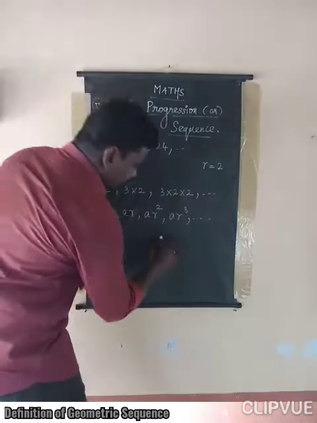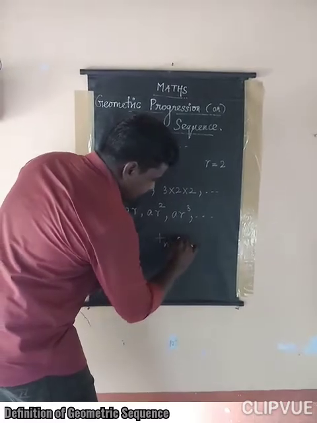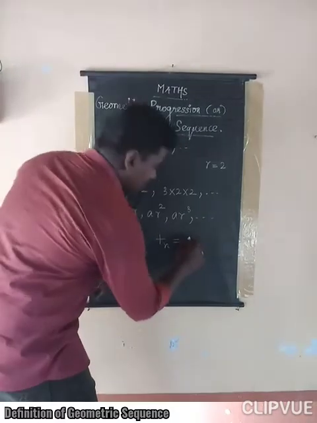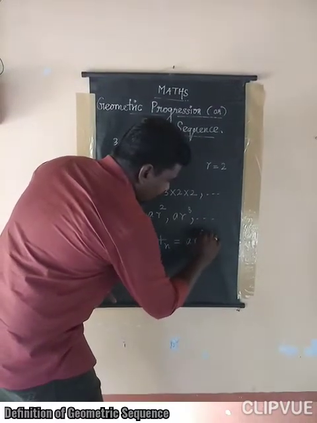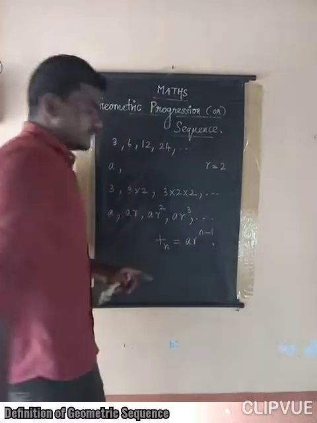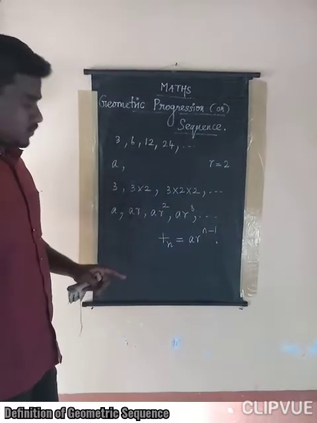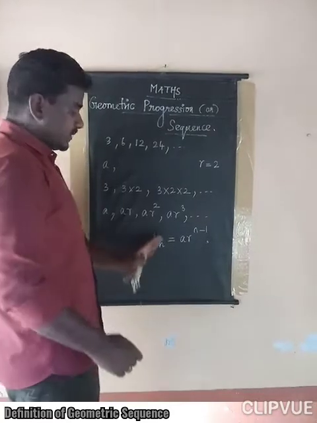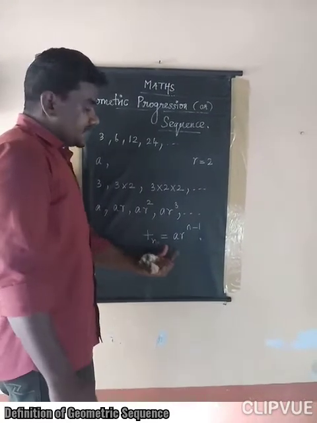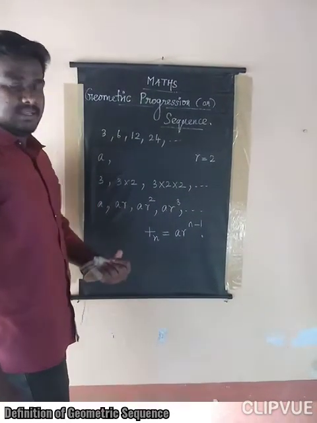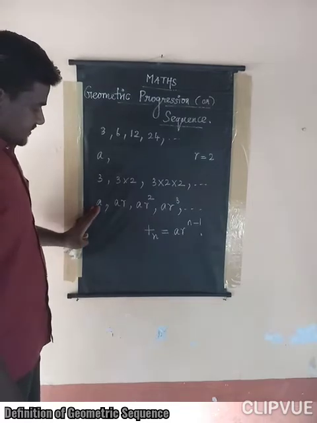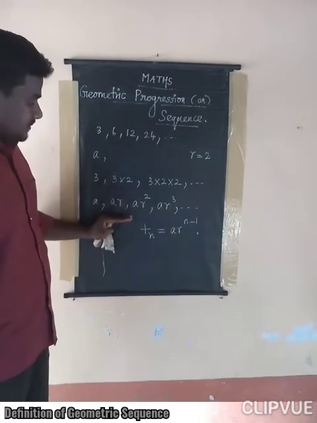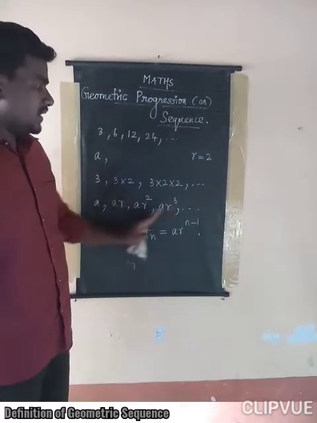So the last term or the nth term of this geometric sequence, Tn, is equal to AR power n minus 1. This is the general term of a geometric sequence. This is very important. Tn is equal to AR power n minus 1. So A is the first term, AR is the second term, AR square is the third term and so on.